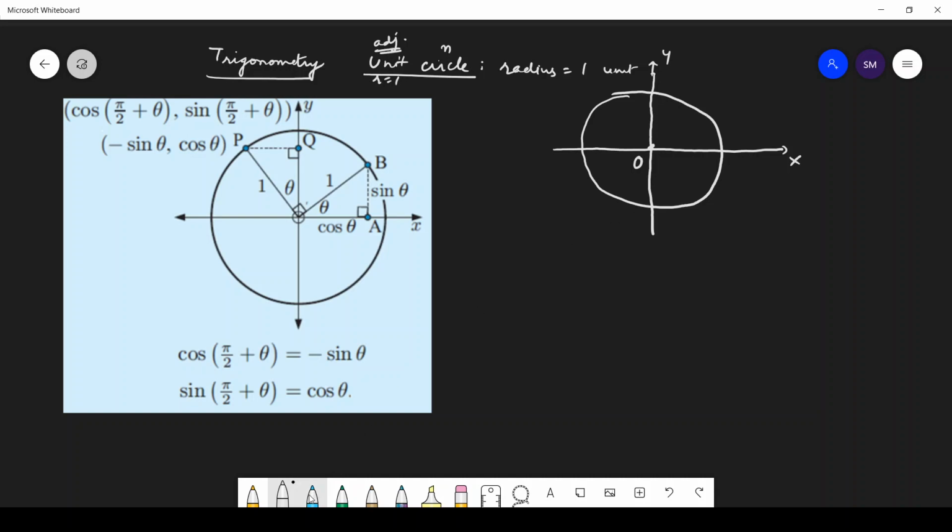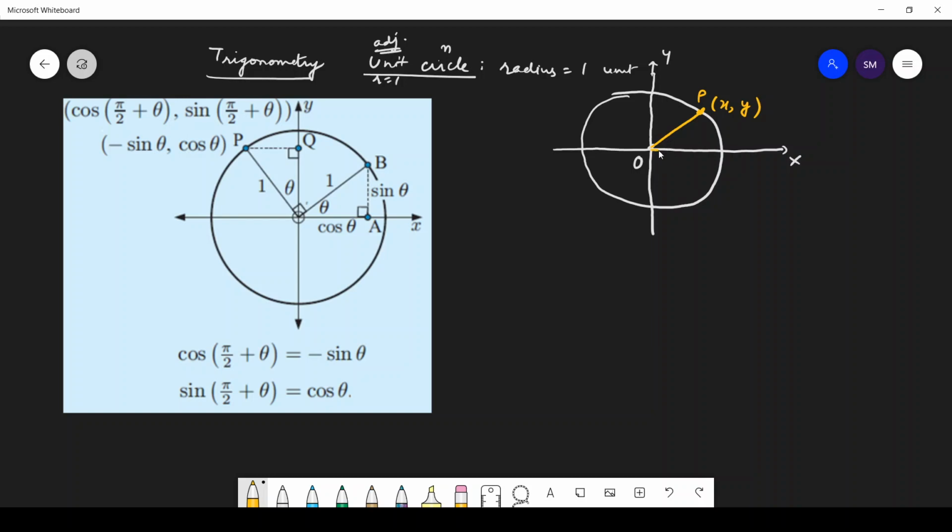Now how to write the coordinates of any point on this circle? Suppose this is a point on the circle and we know its coordinates are x, y. Now I join this point, suppose this point P, with the origin.